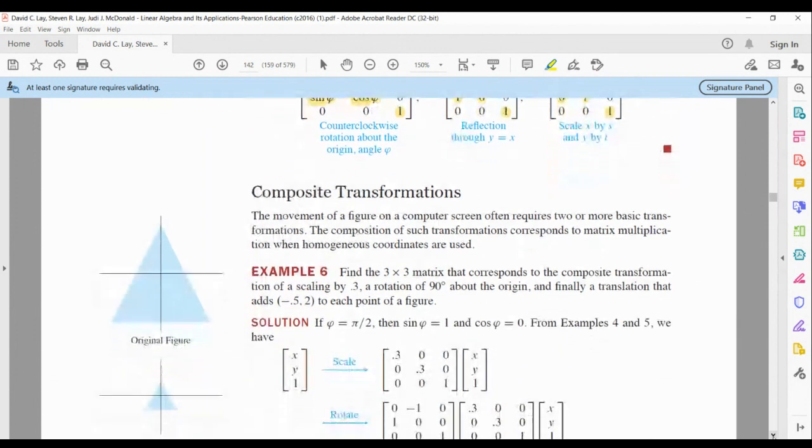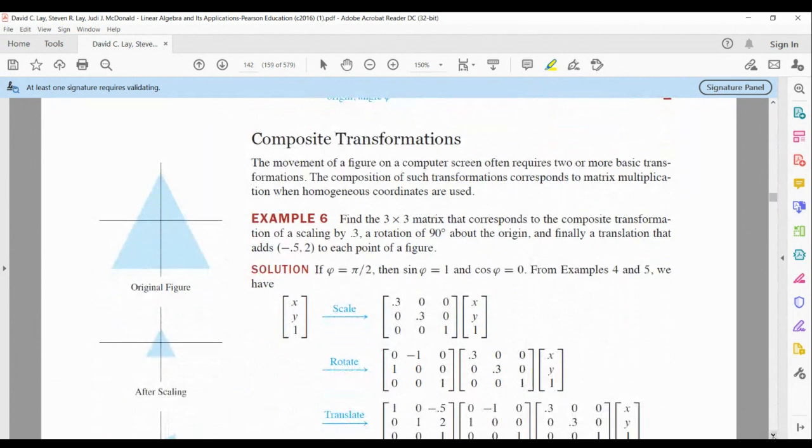So it seems like you're comfortable with this. Let's look at a composite transformation here. In example 6, they want you to find the 3x3 matrix that corresponds to the composite transformation of scaling by 0.3.